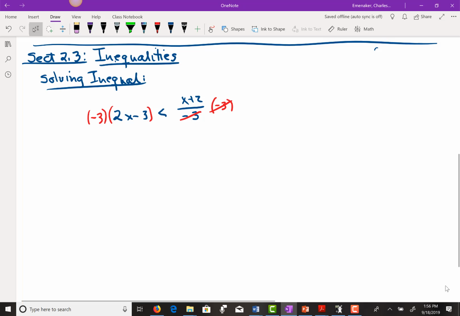What winds up happening is, if you have something like negative x is less than negative 4, what that means is the opposite of x has to be smaller than a negative 4, doesn't it? What value could you plug in there for x that would make that work?